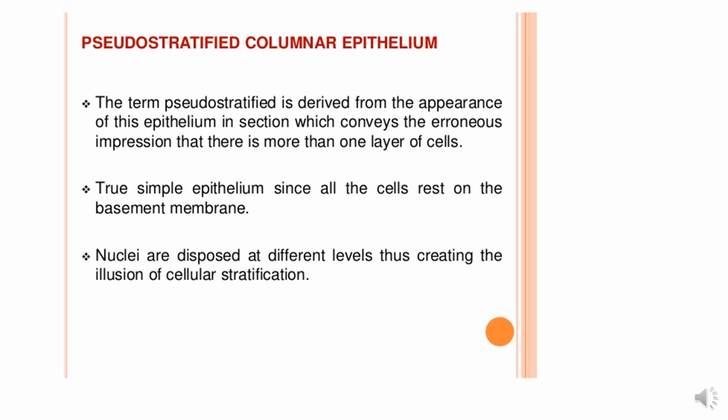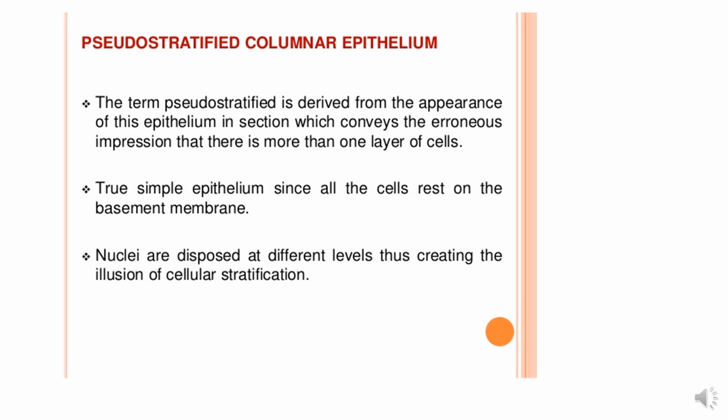Pseudostratified epithelium. The term pseudostratified is derived from the appearance of this epithelium in section, which conveys the erroneous impression that there is more than one layer of cells. So how does this occur?